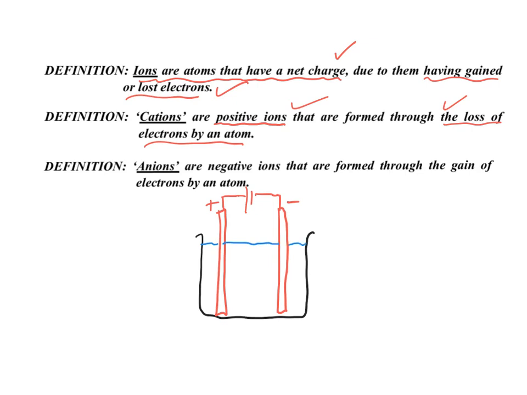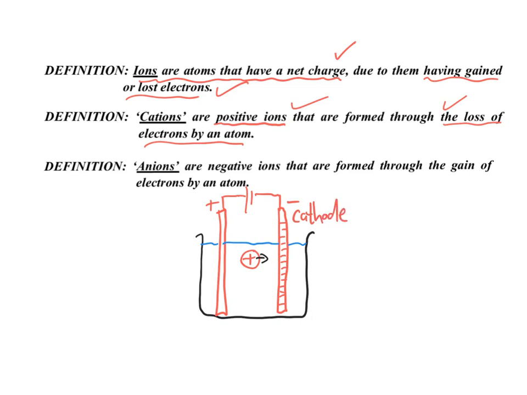Then what we find is that the positive ions are attracted to the negative electrode. So they go in that direction because that electrode has got a surplus of electrons on it from the battery, from the cell. Remember, a cell is a single unit, a battery is a collection of them. Alright, so there's a surplus of negative charge here, so this positive ion gets attracted to the negative electrode. That negative electrode is called the cathode.